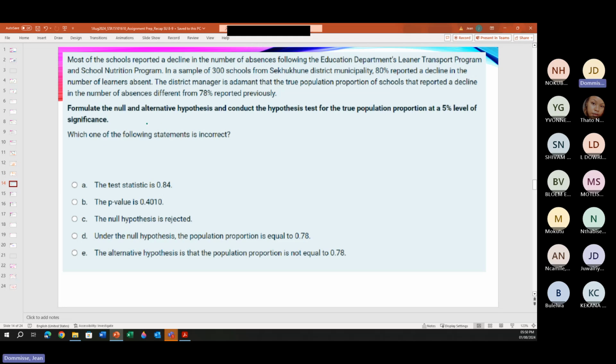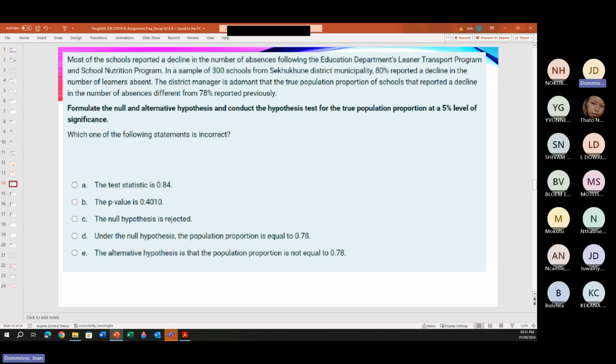Okay, then a bit of hypothesis testing. So let's read this question, and then let's see what they want us to work out. Most of the schools reported a decline in the number of absences following the education department's learner transport program and school nutrition program.